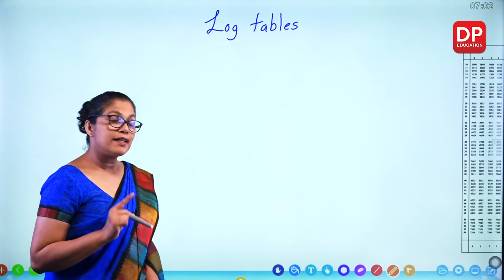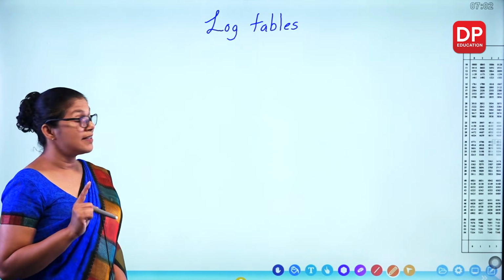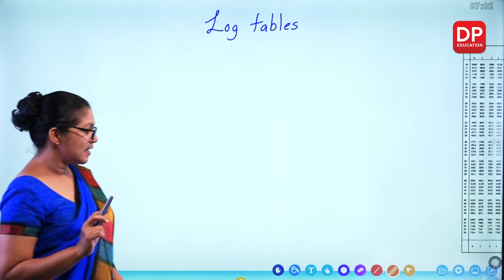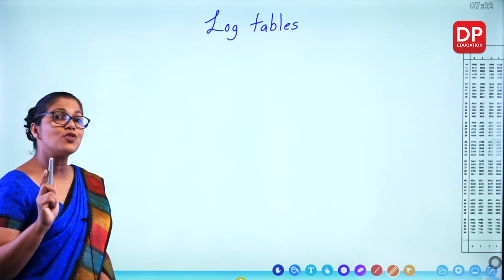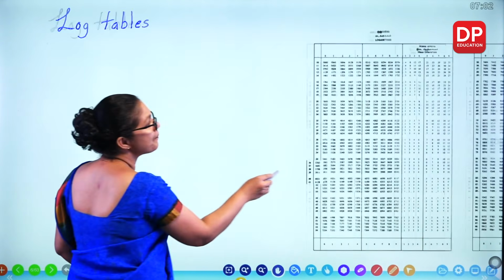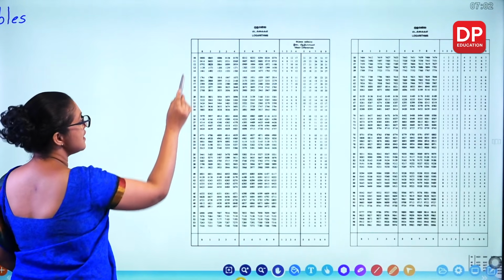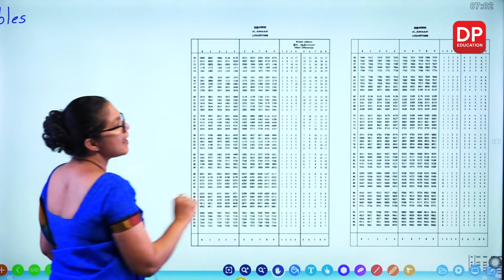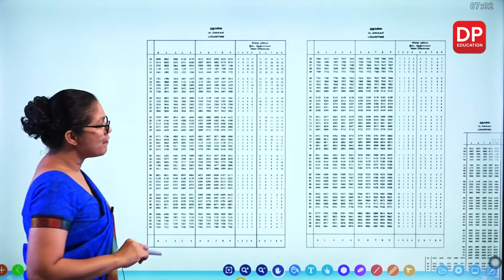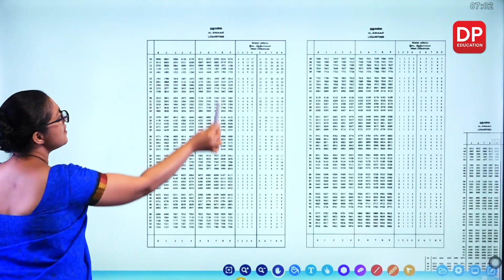Now when you look at log tables, first you have to find the log table. Where can you find it? In your textbook, in the last 2 pages, you get 2 tables like this. In the first page you get 10 to 54, and on the second page you get numbers from 55 to 99. And what are these other numbers?